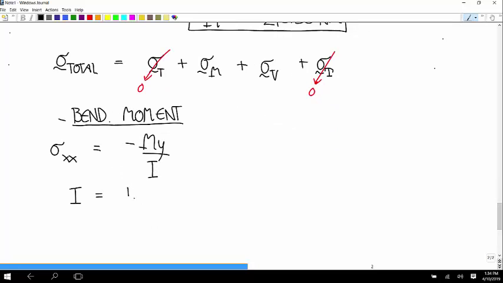The rule for rectangles is I is equal to 1/12 times the base times the height to the third, and that is 1.6 repeating times 10 to the minus 6. Okay, and that's meters to the fourth.